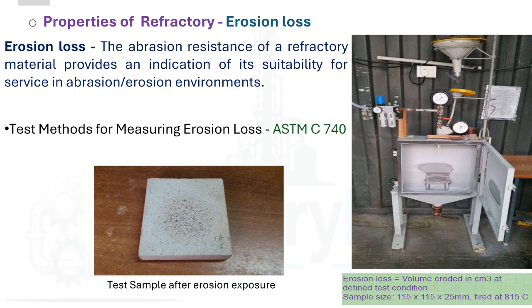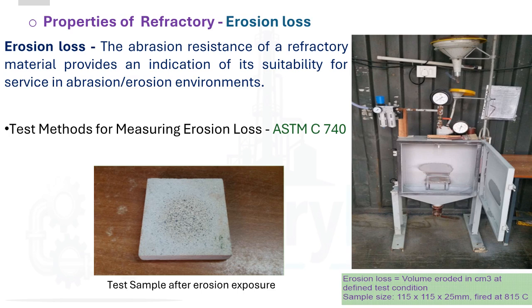An abrasive medium of 1000 grams of size-graded silicon carbide grain is used as the erosive agent. This silicon carbide is blasted through a nozzle, using compressed air at 65 pounds per square inch pressure, directly onto the refractory surface.